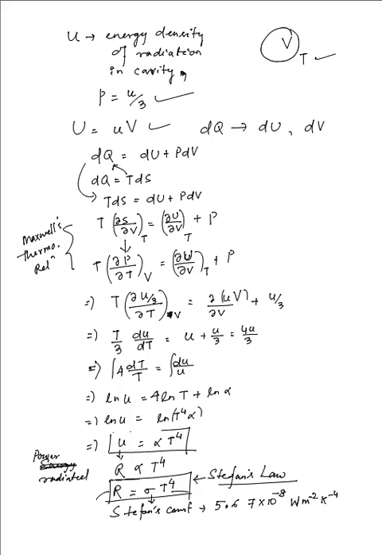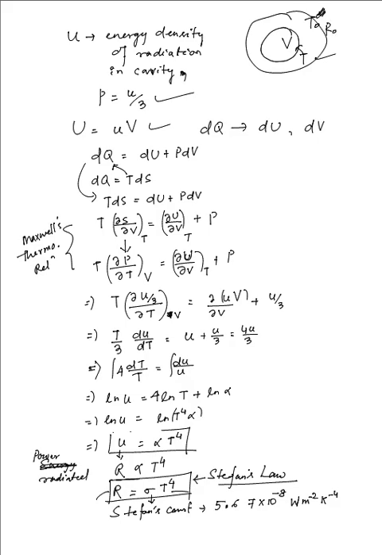Stefan's law of radiation. If the external surrounding has a temperature, this has a temperature T, the exterior region has a temperature T0, not T to the power 0 but T subscripted with 0. So then it'll have a radiance of R0.